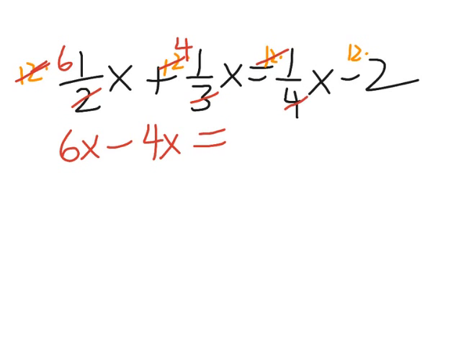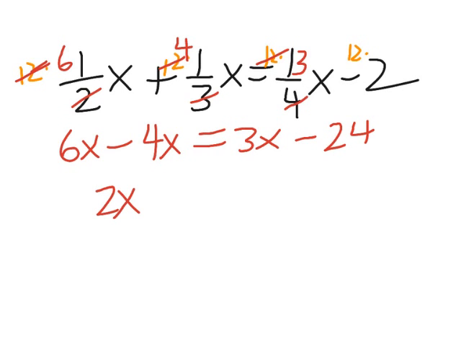Equals 12 and 4 reduces to be a 3x. Minus 24, and that's an easy one to forget right there. Sometimes students will forget to multiply that one by 12. Notice what we have now. Now we have an equation with no fractions in it. So, that's a general rule that we're going to have in this class, something we're going to do. Anytime we have an equation and the equation has fractions, we're going to get rid of the fractions.